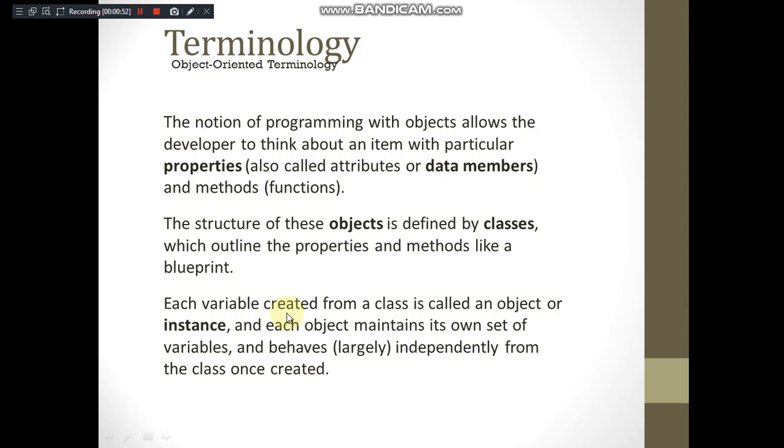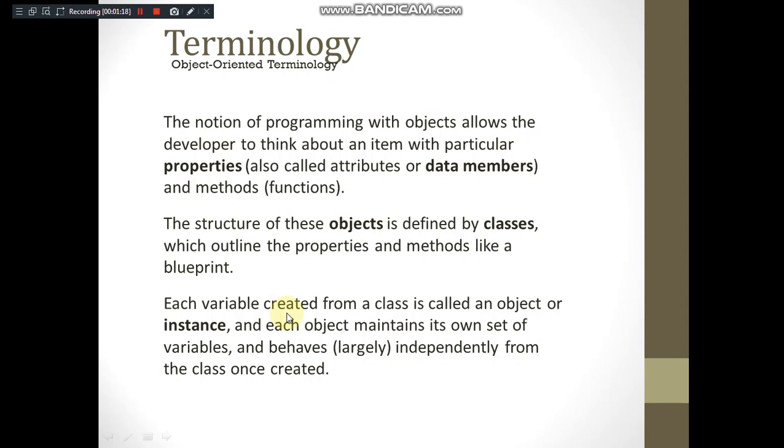The data members of the class are also called properties. The structure of objects is defined by classes, which outline the properties and methods like a blueprint. The functions we define in an object oriented language are called methods.